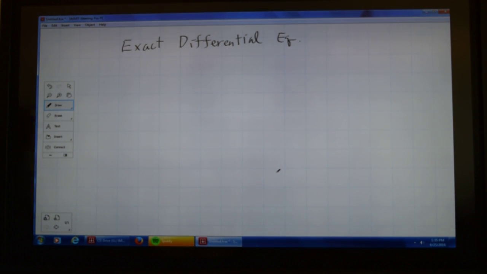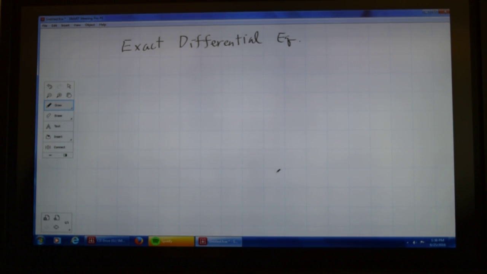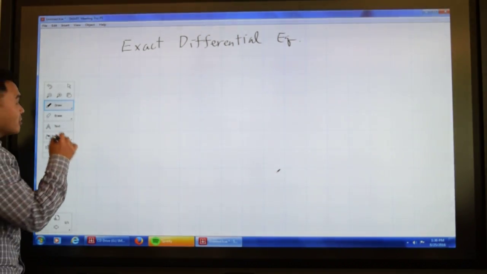Now, to understand what exact differential equations are, you want to review implicit differentiation from Calculus 1. It's been a while since you've seen it, so let me show you how it's done.